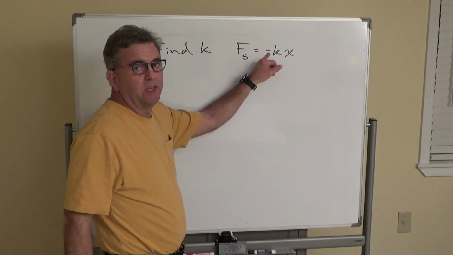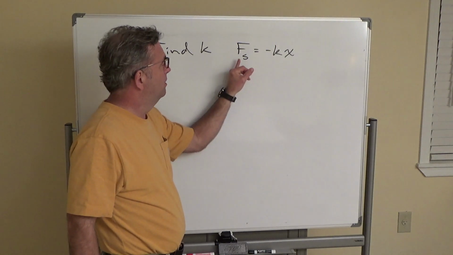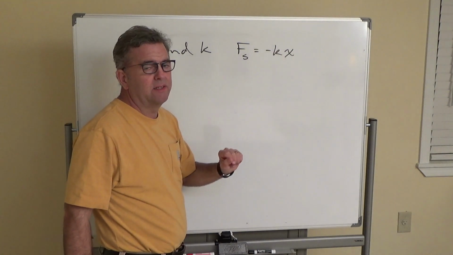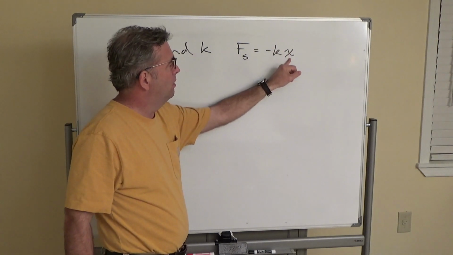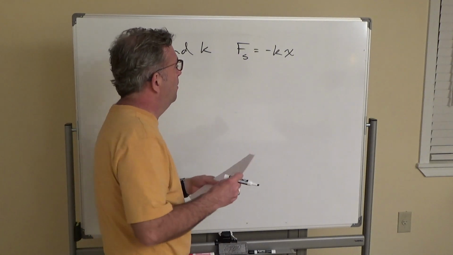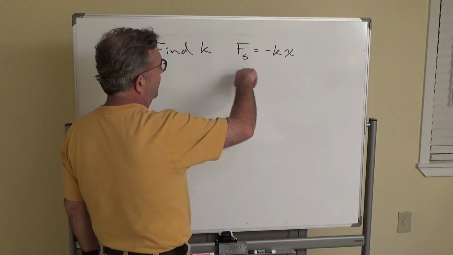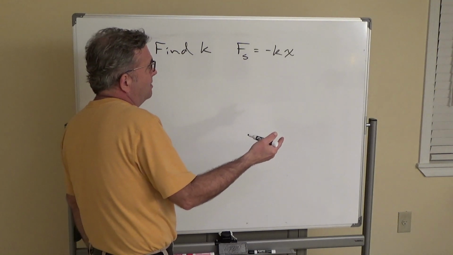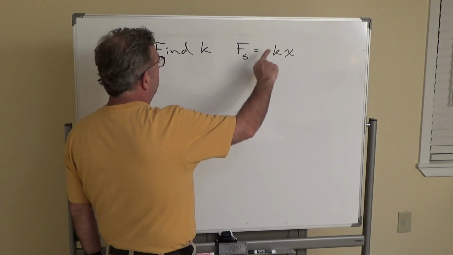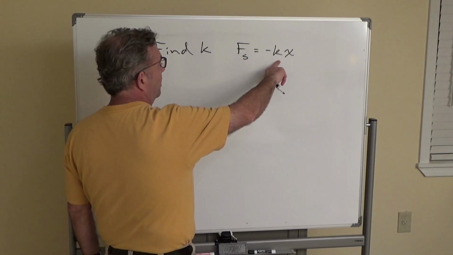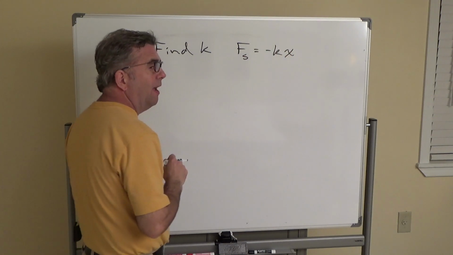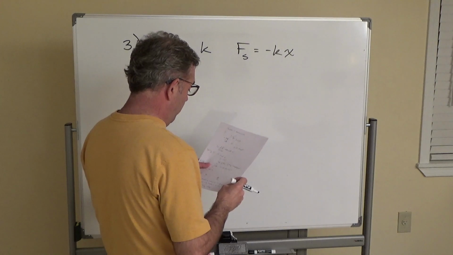That negative gives us the direction of the force. So the spring force is equal to minus Kx. You know the force, you know X, find K. Then they ask you, well, if you hang a different mass on there, how far will the spring stretch? From that, you figured out K, you now know the force, figure out X. I believe that's the way it goes.